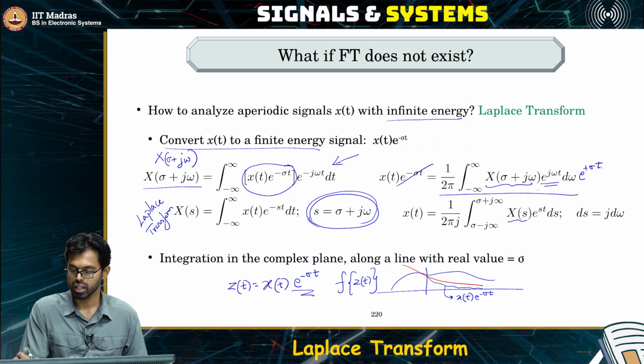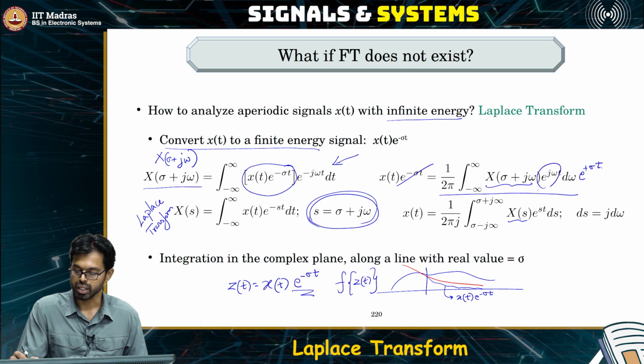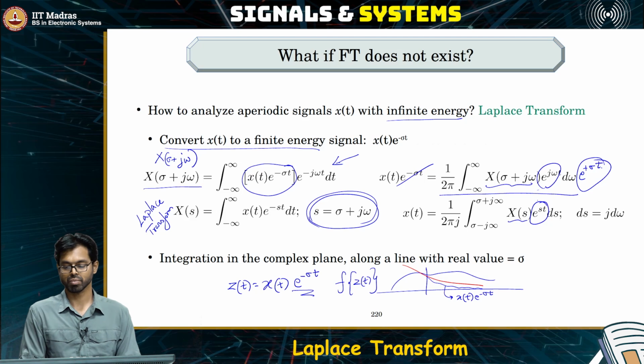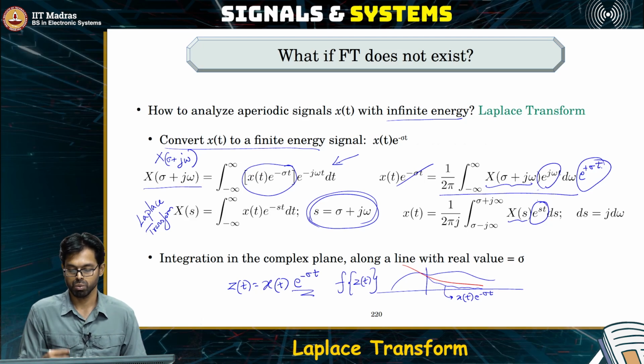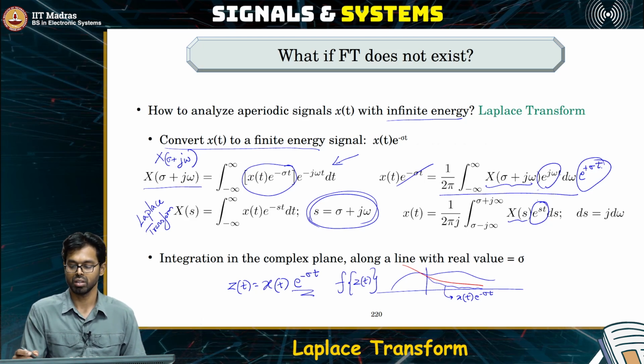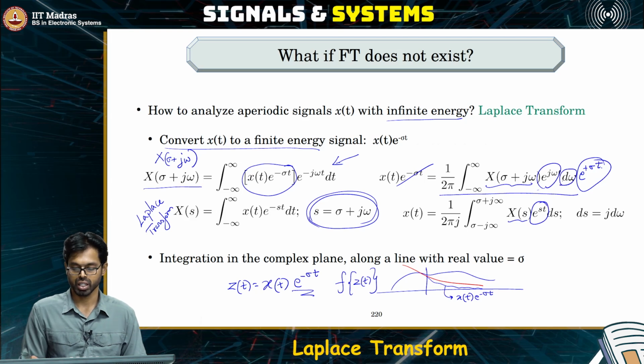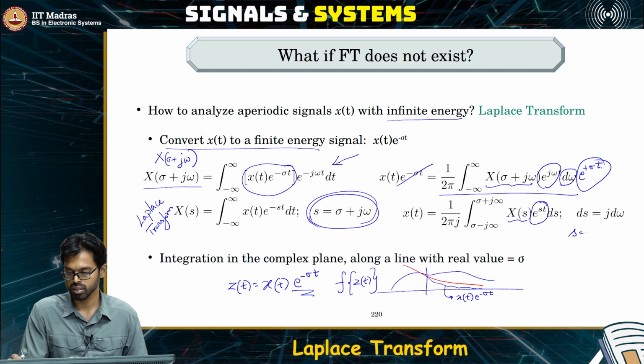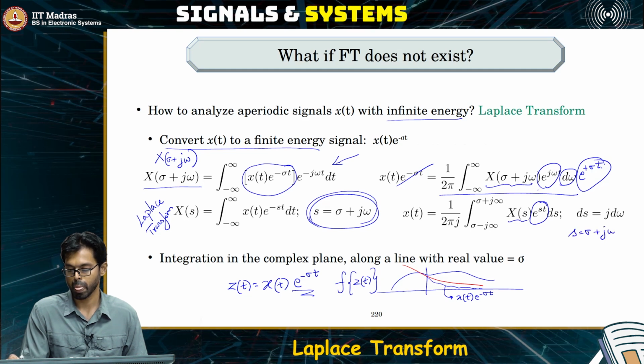Now once you bring that, these two exponentials you can combine together to write as e power st. One thing now is we can change the variable of integration from omega to s. So what is s? s is equal to sigma plus j omega.